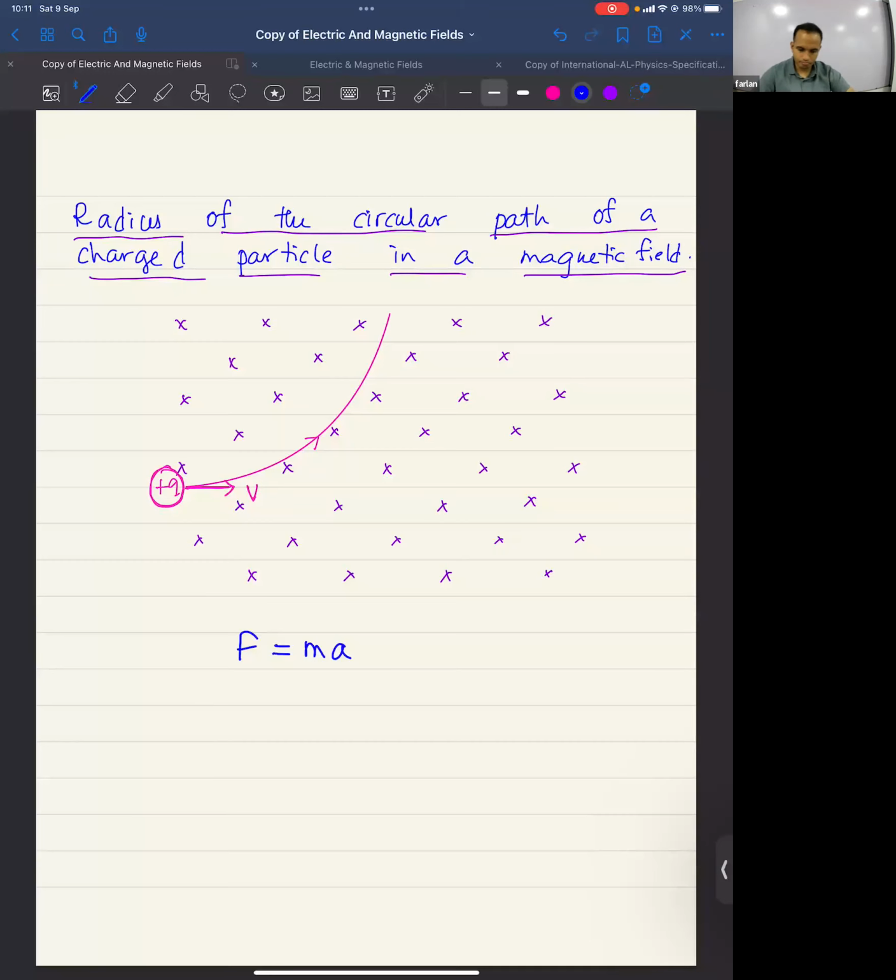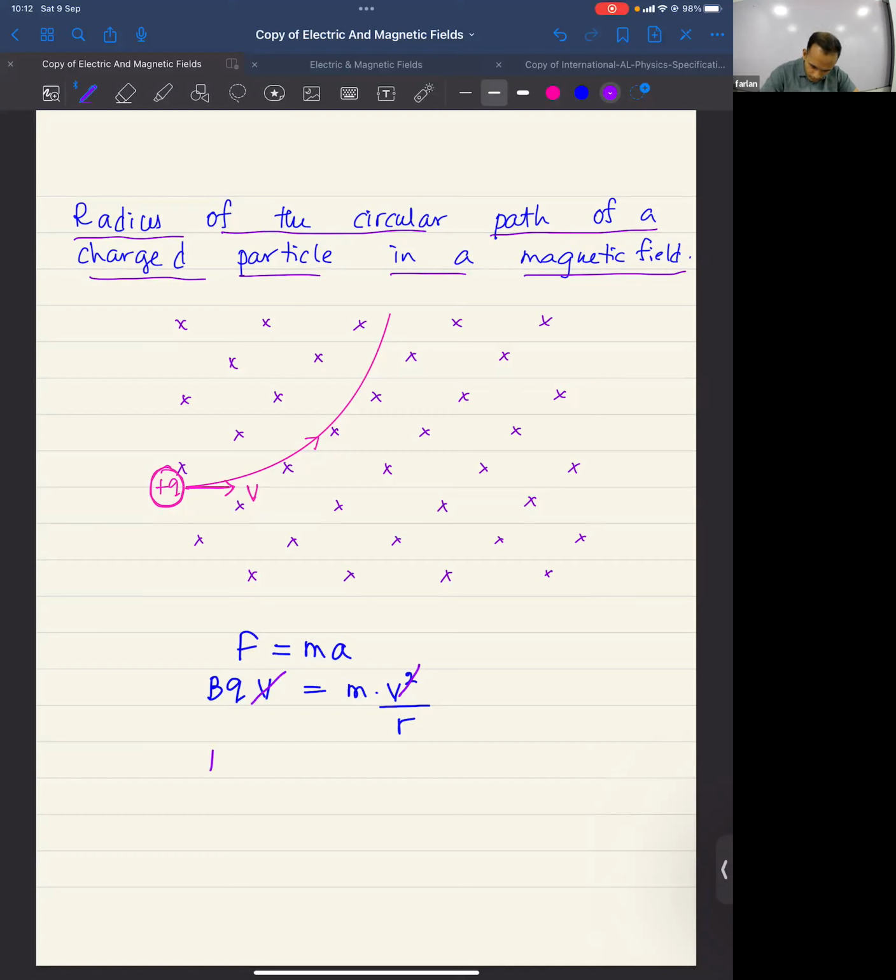F is given by BQV, right? M into a, where a is given by V square over R, the centripetal acceleration.